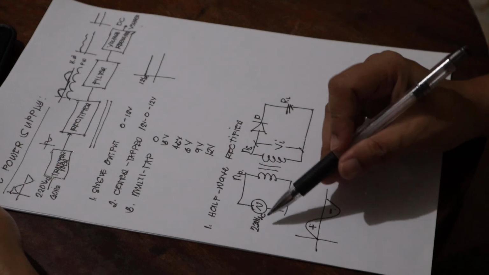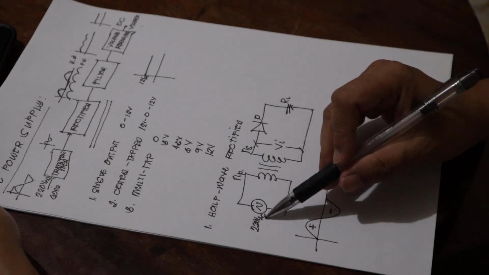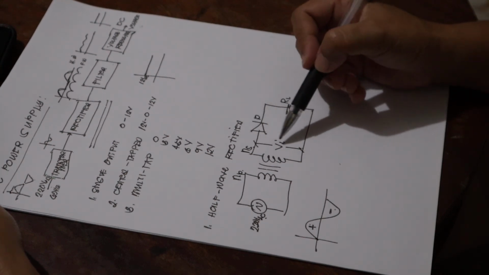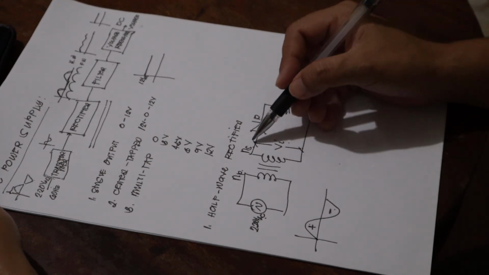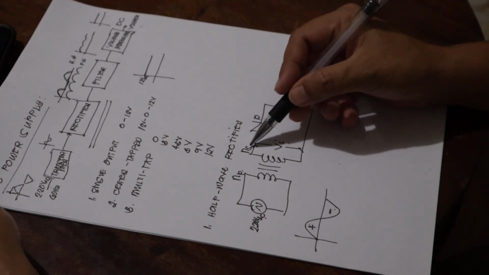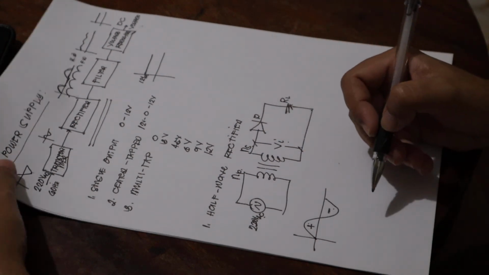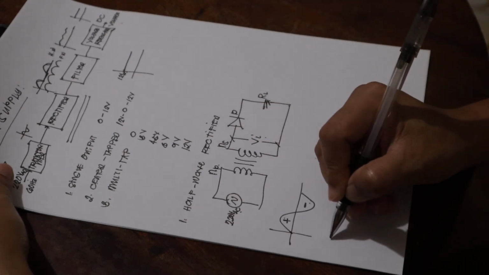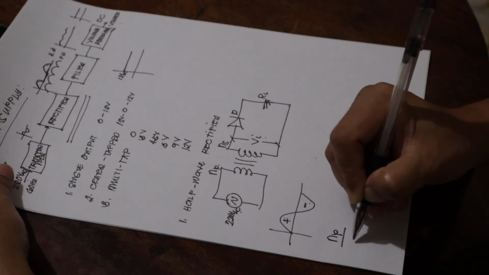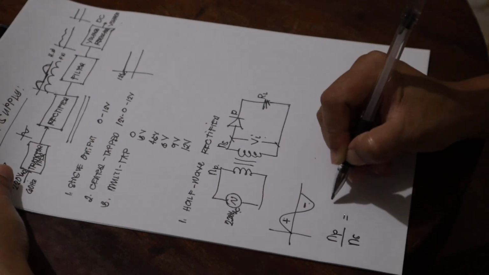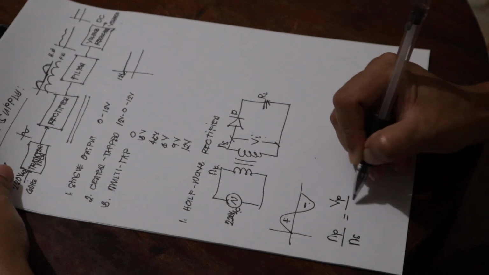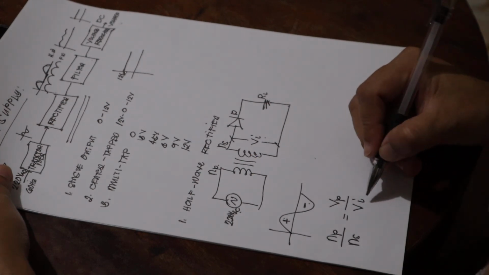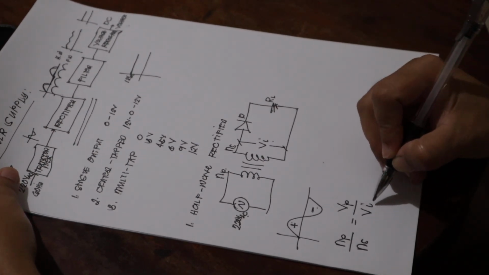Okay. So, yung voltage natin dito sa primary is, of course, yung 220 volts AC. And then, yung output dito is, let's say, VI. So, how do we solve for VI, which is the voltage at the secondary terminal ng ating transformer? All we have to do is to use the formula NP over NS is equal to VP over VS, VS stands for secondary voltage.